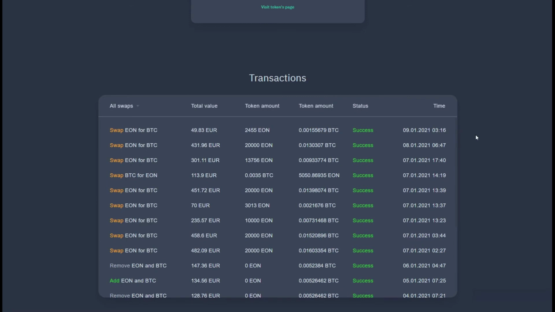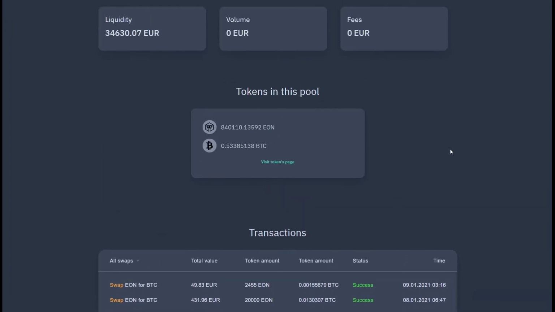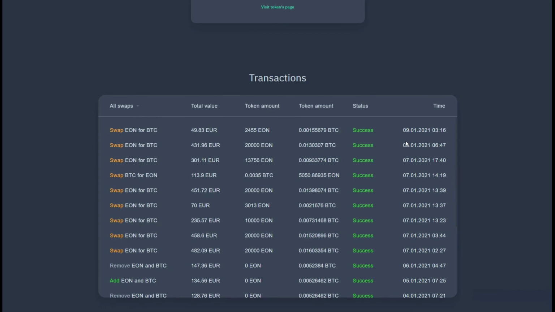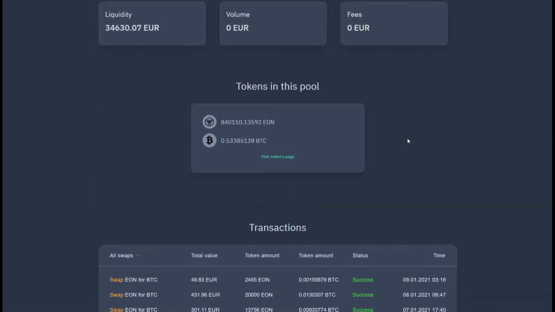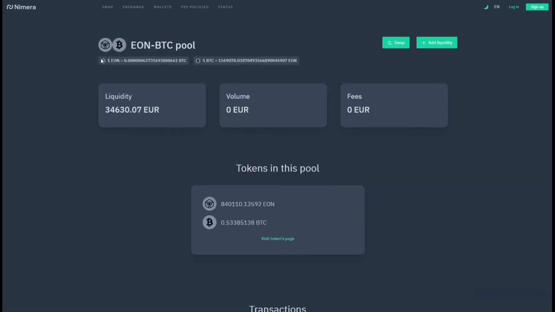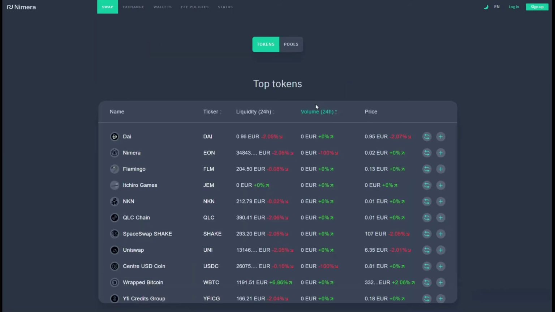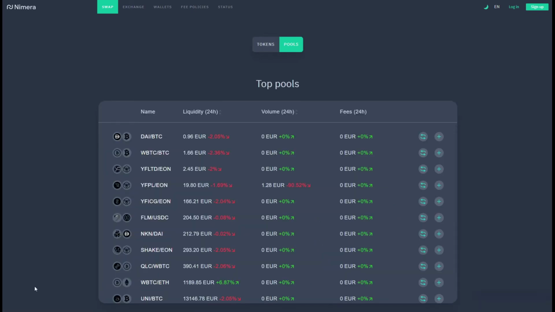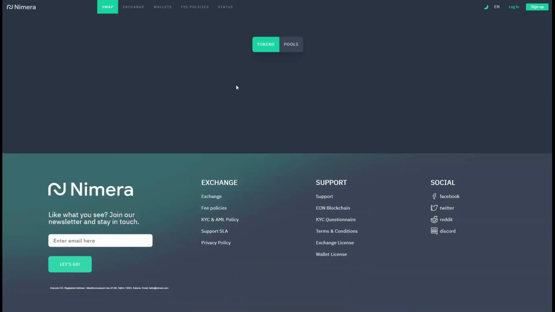I think it's due for a correction like any healthy market would be, but there is a lot of push to get that price up to $50,000 USD, and we'll see if that can actually be achievable, and of course if it can be maintained, which is fairly doubtful in the short term anyways. Long term for sure, BTC is deflationary, but yes, we are seeing that on the swap. There's definitely some activity moving around from BTC. But overall, liquidity looks good and the swap is easy to use, but nothing major to report on it this week.